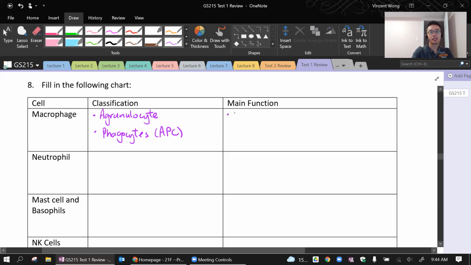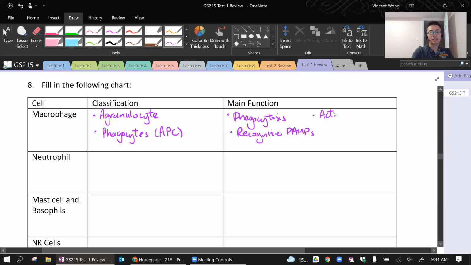Main functions, they would do phagocytosis. Recognize PAMPs and eat them.